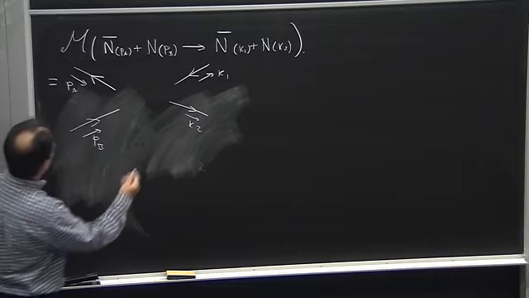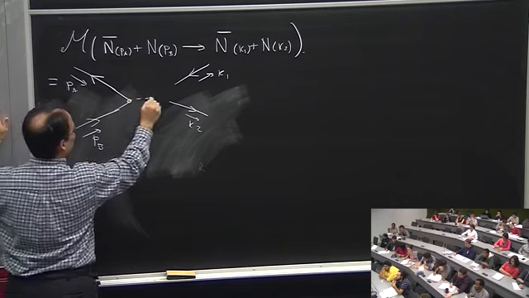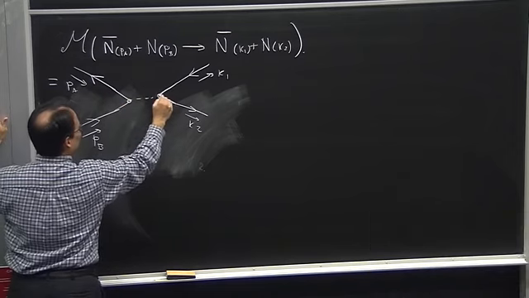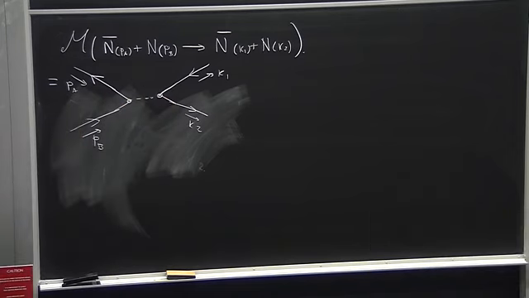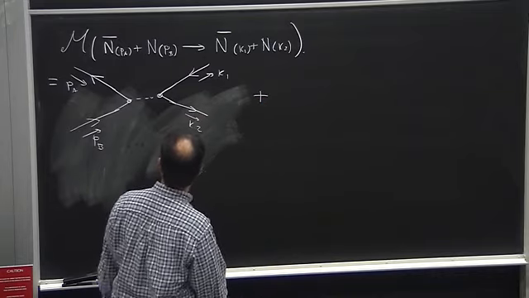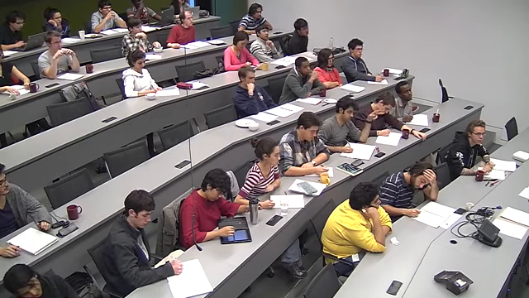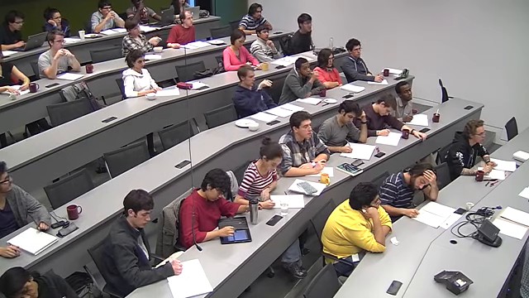Well, they can annihilate with those. Yeah, these two guys can come together, and these guys can do this. Now, is there any other option? The same as those. The same as what? The same as before.